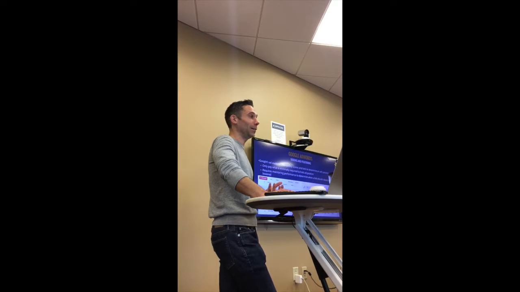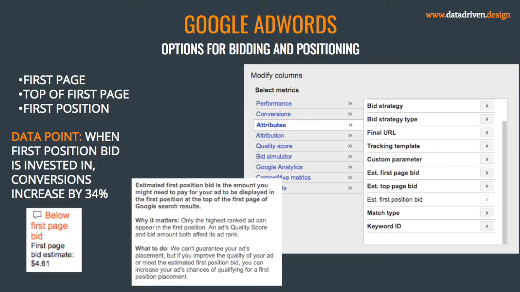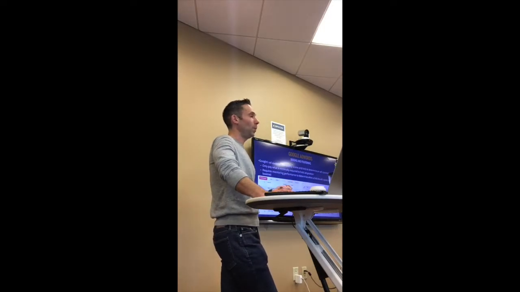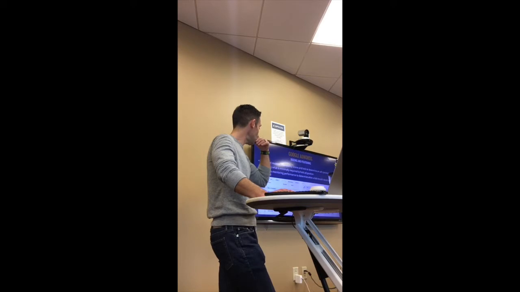And this is where it gets really expensive, because you can set a $50 a day budget, which is a pretty decent sized budget, but a keyword that you're after can very possibly cost like $25 per click to get you the first position. So that's 2 clicks. The good news is that our data is that you're 40% more likely to get a conversion when you're in that first position. But it does make it harder on your budget.